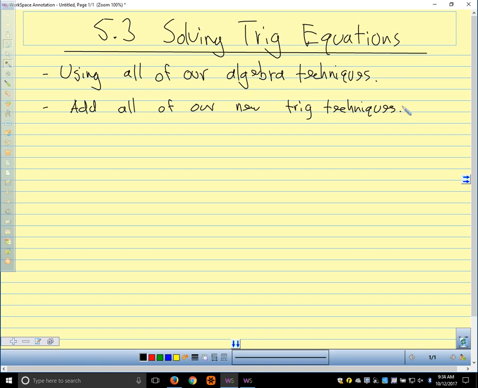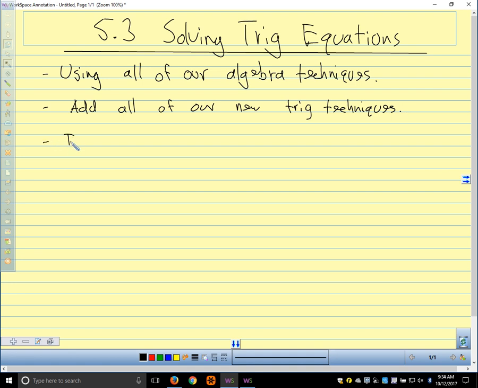So we may be using identities. We will definitely be using our knowledge of the unit circle, and our knowledge of the relationships between various trig functions. So we're going to add all of those pieces into solving our equations.